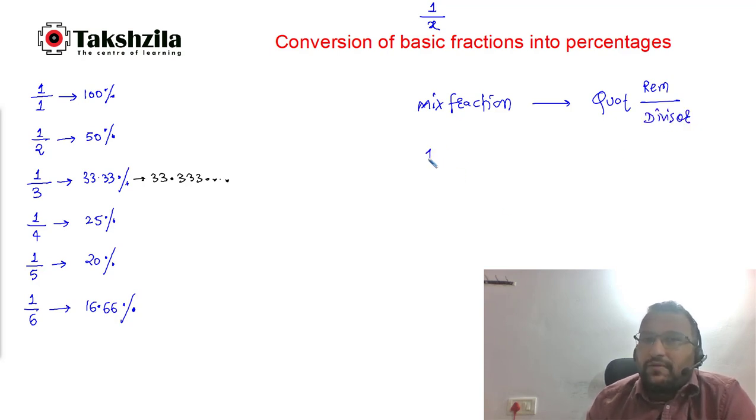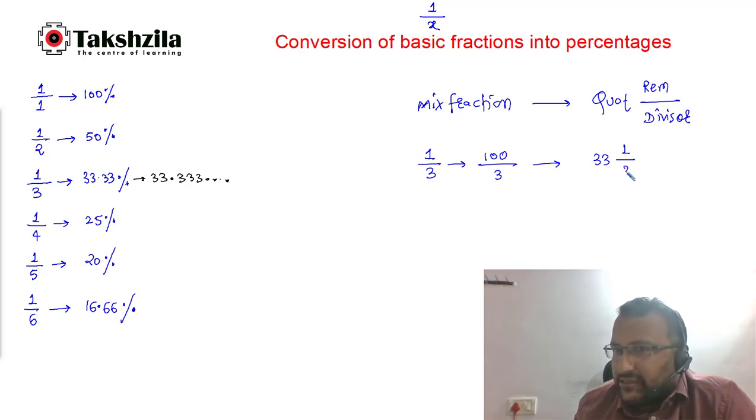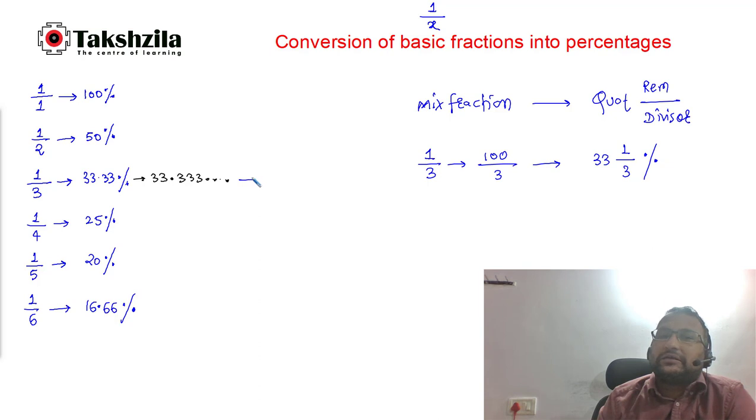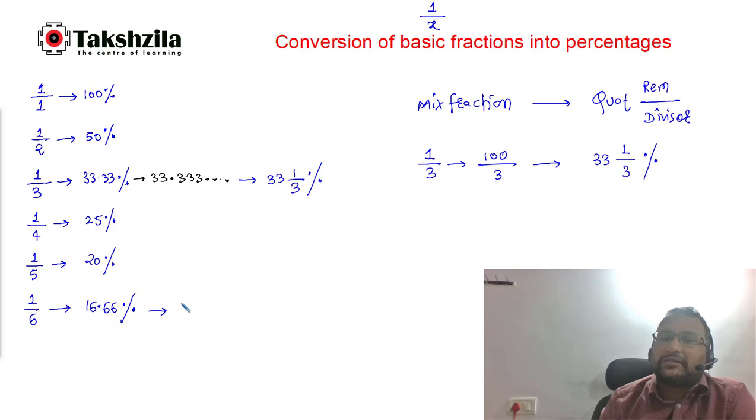So now 1 by 3 is nothing but 1 by 3 into 100, that is 100 by 3. If we divide 100 by 3, the quotient is 33, the remainder is 1 and the divisor is 3. So most of the time 33.33% is represented as 33 1 by 3%. Similarly 16.66% is represented as 16 2 by 3%.